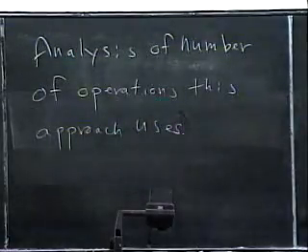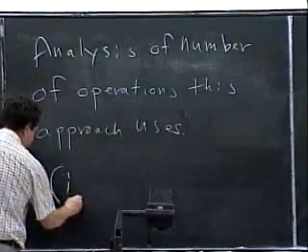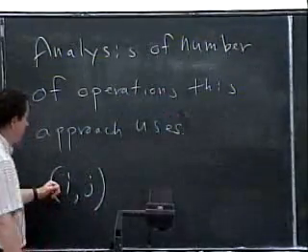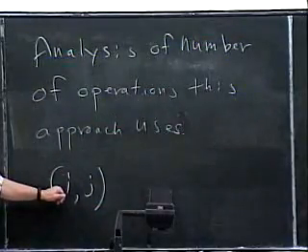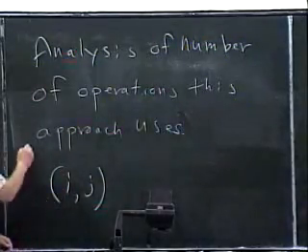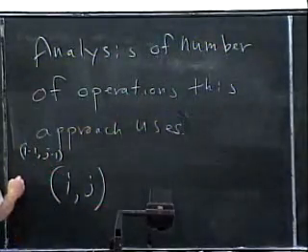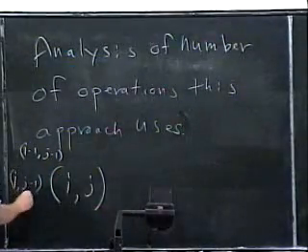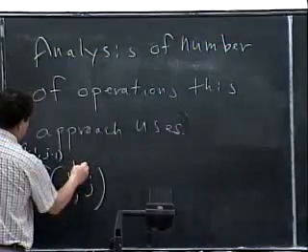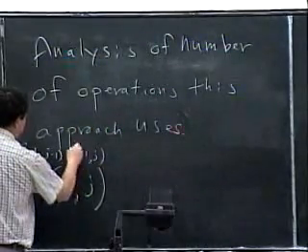So if I'm looking at the node in position i,j, I need to know what the distance is in position i minus 1, j minus 1. I need to know what the distance is in position i, j minus 1. And I need to know what the distance is in position i minus 1, j.